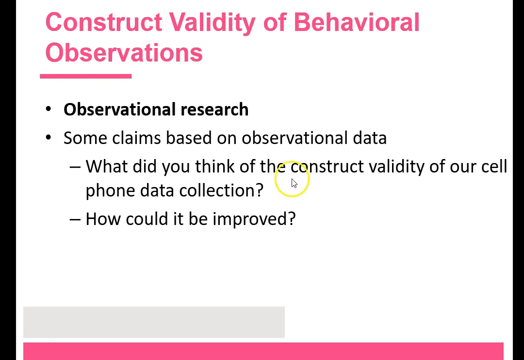How do you think our operational definitions were in terms of being valid measures of safe and risky crossing? You really want to be sure you have very good, very detailed definitions so that when you mark someone as a safe crosser, they really were a safe crosser, and when you mark someone as a risky crosser, they really were a risky crosser.